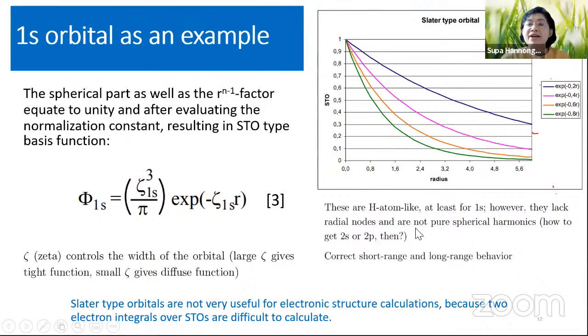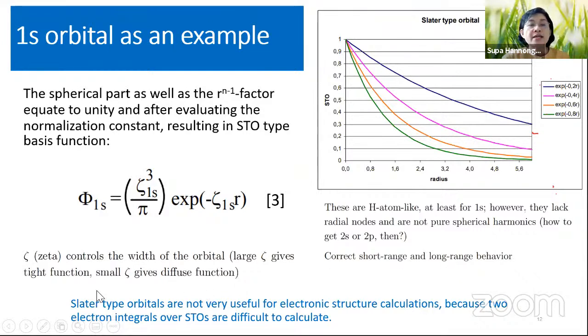Therefore these are not pure spherical harmonics. For example, how can we get the 2s or 2p and so on? Therefore, STO-3G still needs some correction, especially for the short range and the long range behavior.